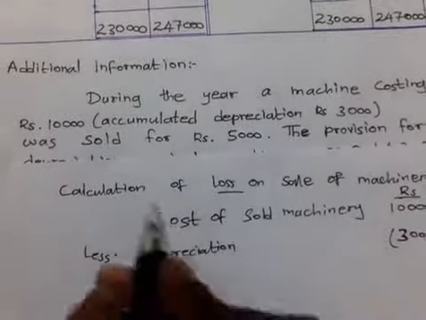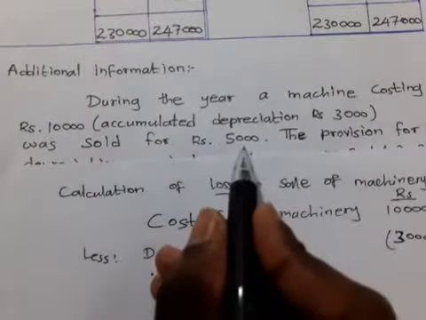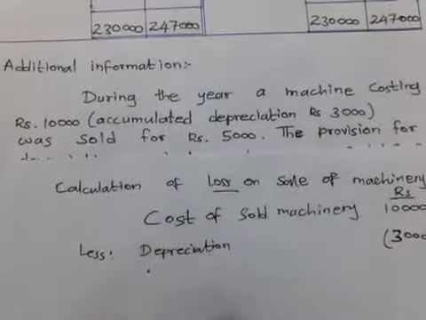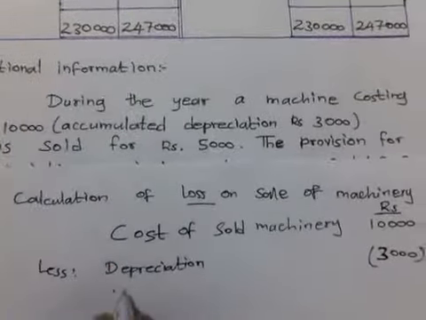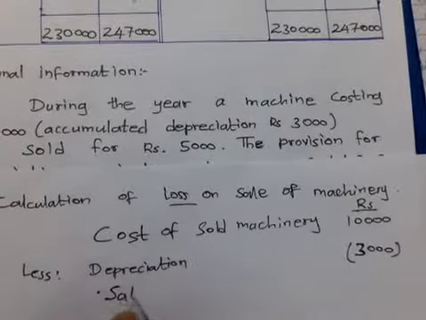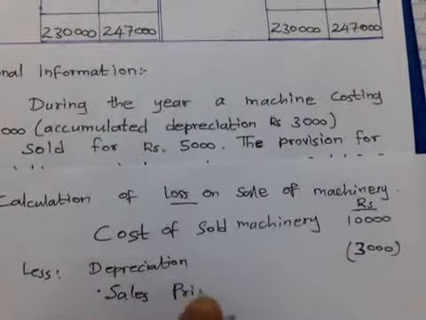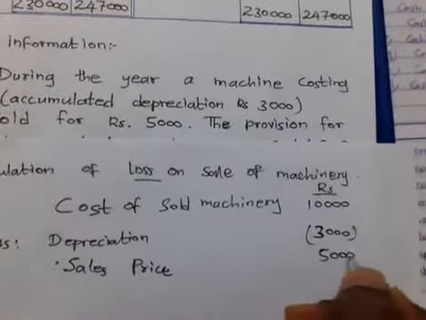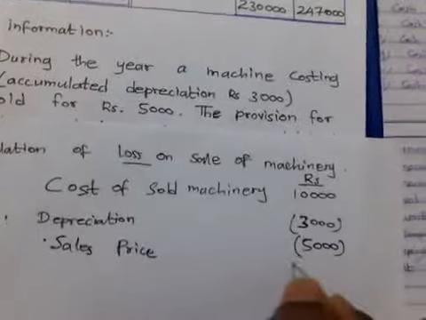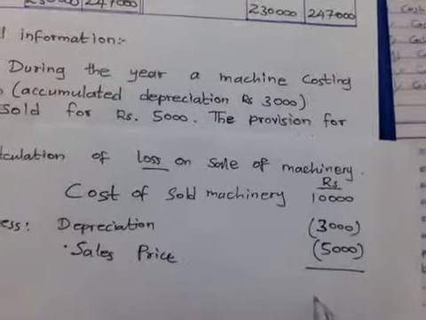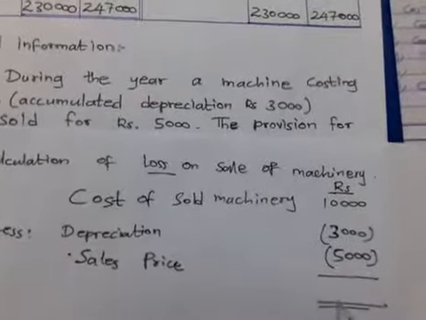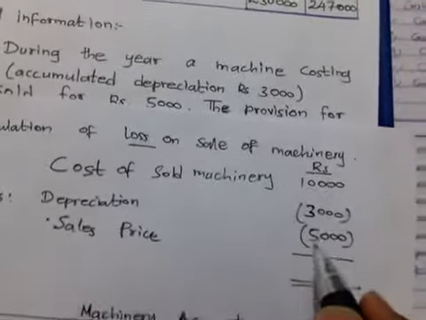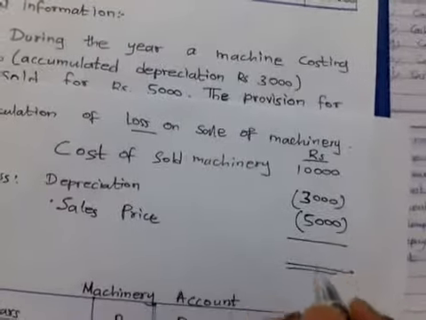And the other thing, it says the sales price of the 10,000 costing machinery is 5,000, so we deduct that amount also. This is the cost of the machinery, so after deducting these things we'll get profit or loss.